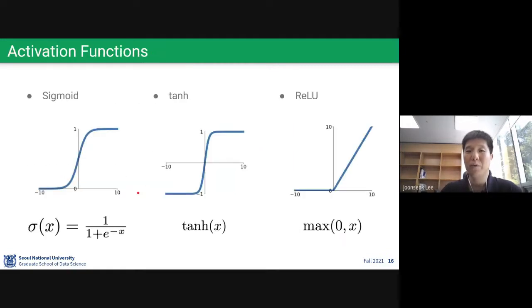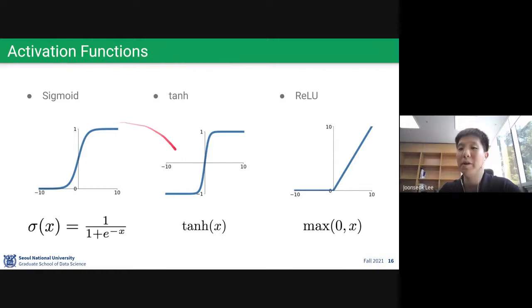So these are examples of the activation functions. One is the sigmoid we have learned in the previous lecture, remember? It provides some probabilistic interpretation because it outputs always between 0 and 1. Or tanh, it provides both positive and negative outputs.